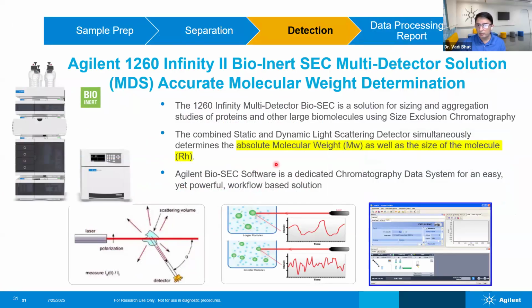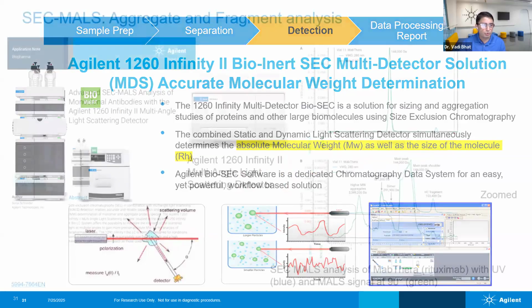Light scattering is very critical, and people are using it traditionally whenever aggregation data discussions come up. It's called SEC-MALS, right? That's the very traditional use, and it can give an absolute molecular weight and also the size of the molecule, based on the scattering of light using a laser as a source.